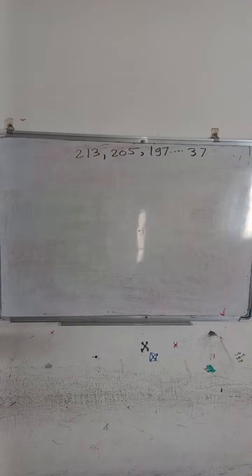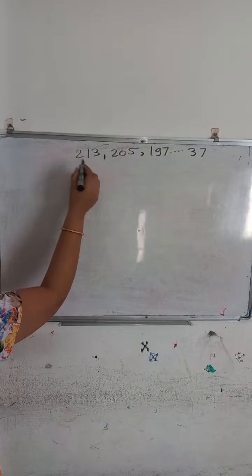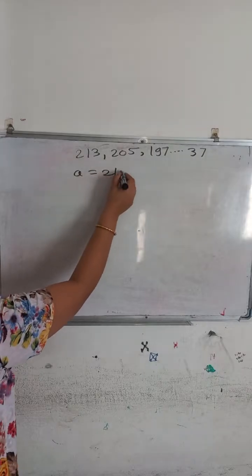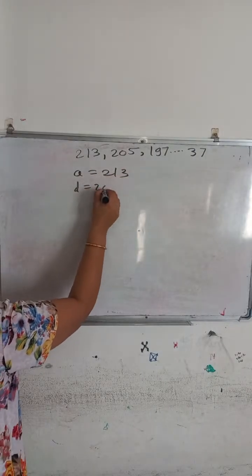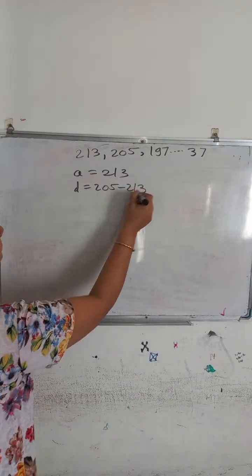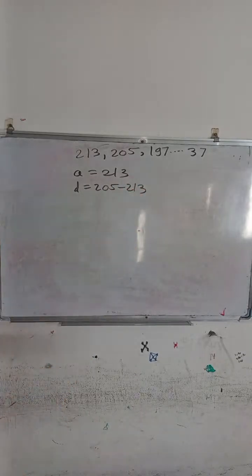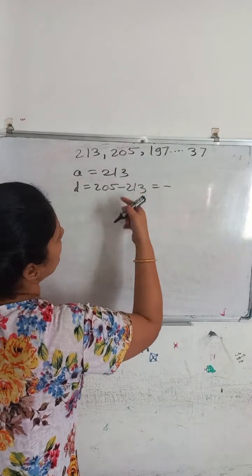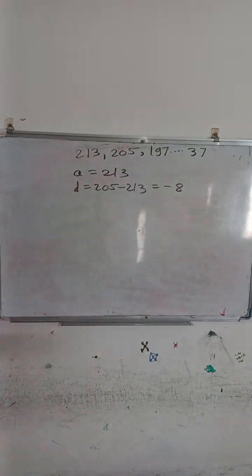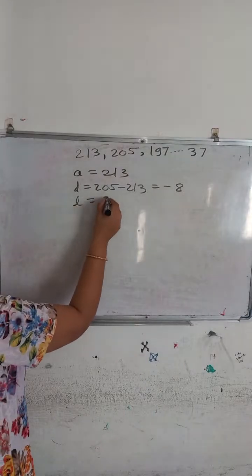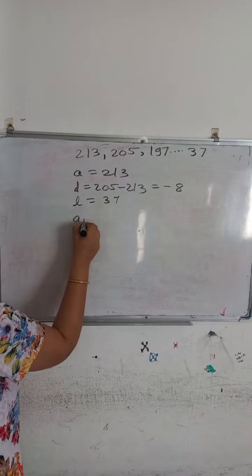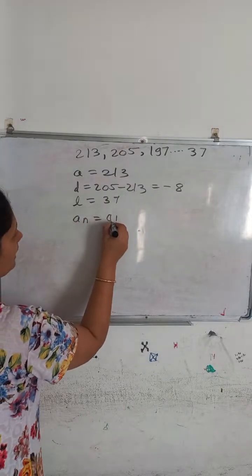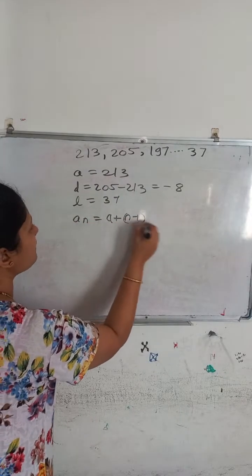Okay, so now write down the given terms properly. The first term is 213. The common difference is 205 minus 213, which is equal to minus 8. And the last term of the AP is 37. So we have an = a + (n minus 1) d.